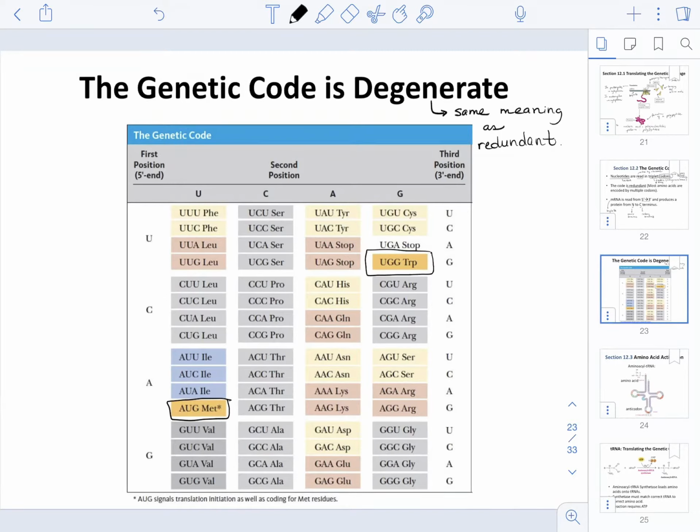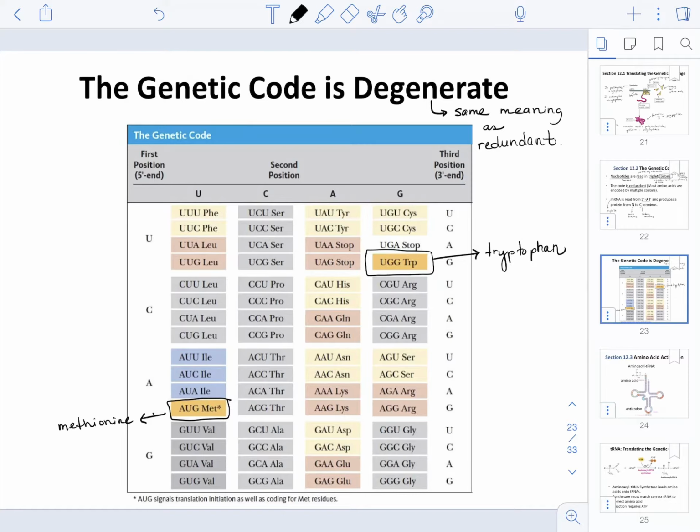The only two amino acids that are not part of this degenerate or redundant code are tryptophan and methionine. They are the only amino acids that only have one codon defining them during protein synthesis. All the other amino acids out of the 20, so there's 18 amino acids, are going to have different codons in order to define them.